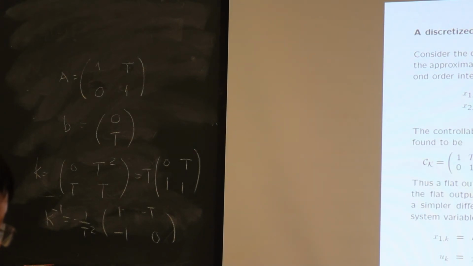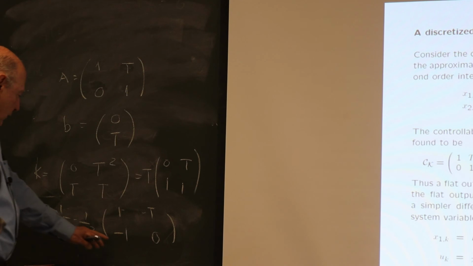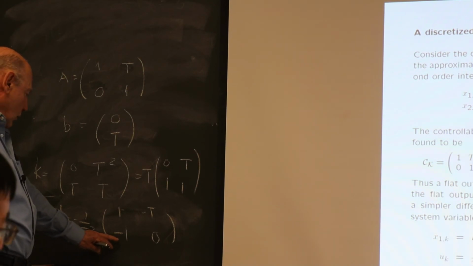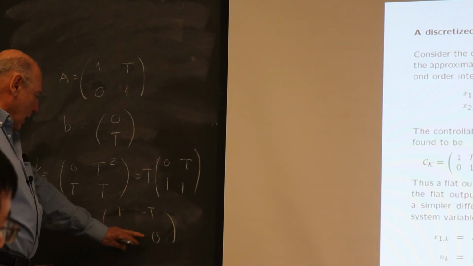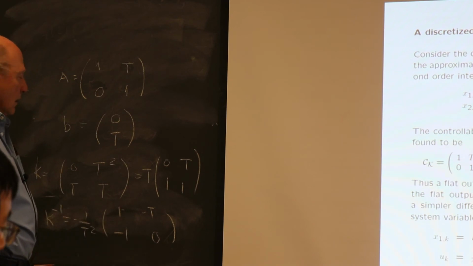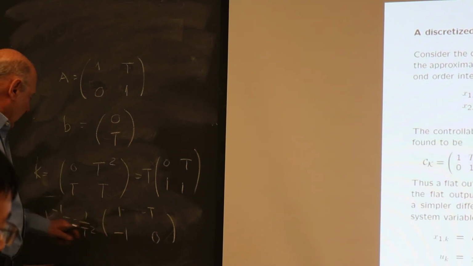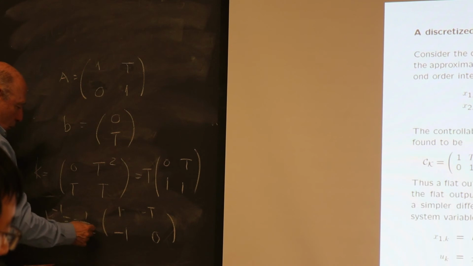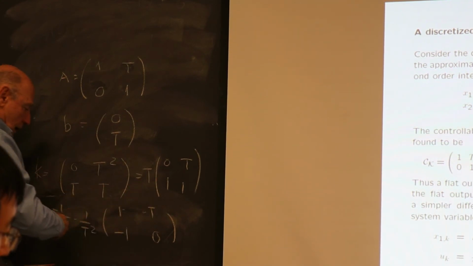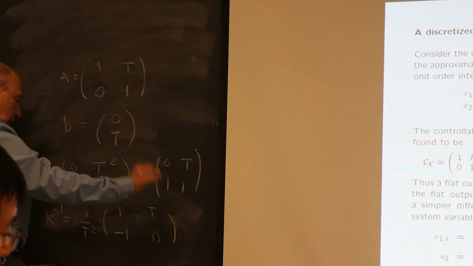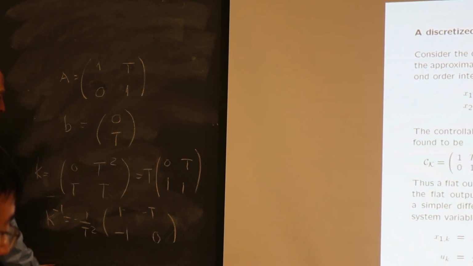So the last row of the inverse of the controllability matrix gives you minus 1 and 0. So x1 should be your flat output. It doesn't matter that it has these factors, because remember, the flat output is proportional to the last row of the inverse of the controllability matrix multiplied by the state.